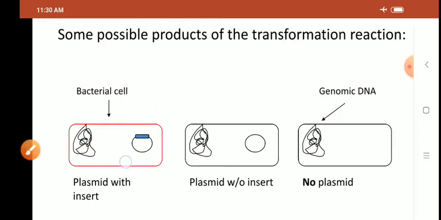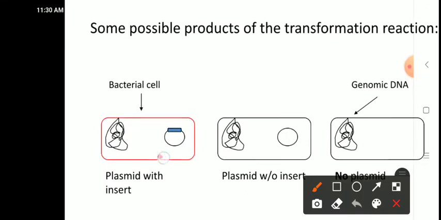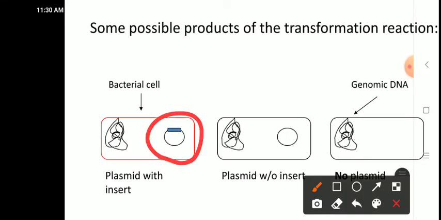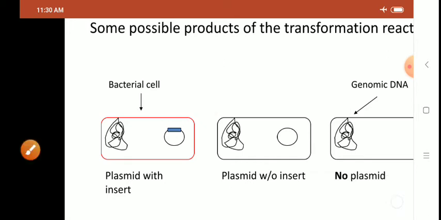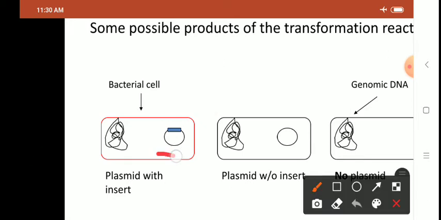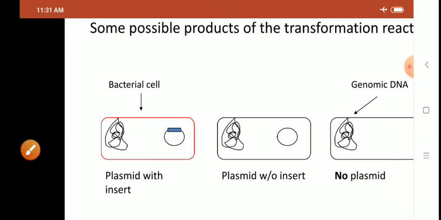Plasmid with insert means what? Recombinant plasmid. That means the plasmid has a foreign gene inserted inside it. So you can see here a plasmid and a foreign gene inserted inside it. So the bacterial cells have undergone transformation with a plasmid having a foreign gene inserted, that means transformation with recombinant plasmid.